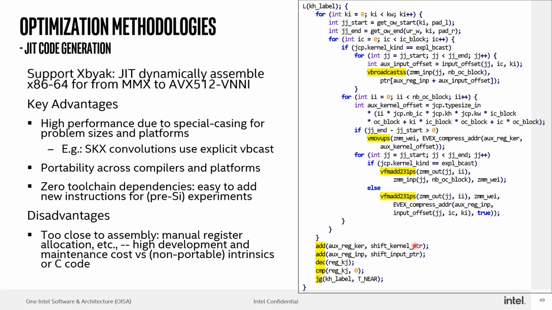So this is one example of how oneDNN optimizes with vectorization.